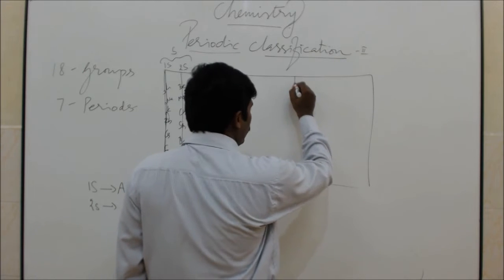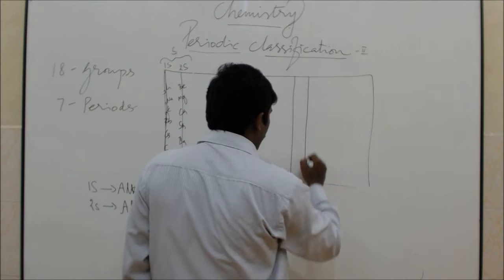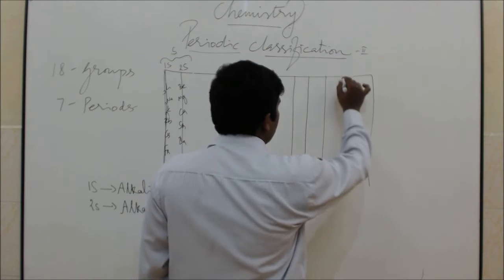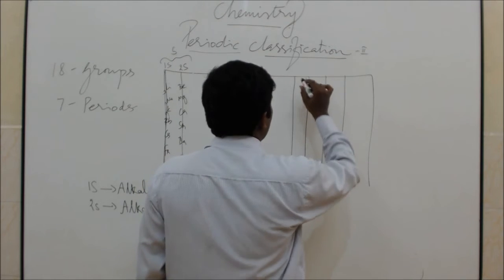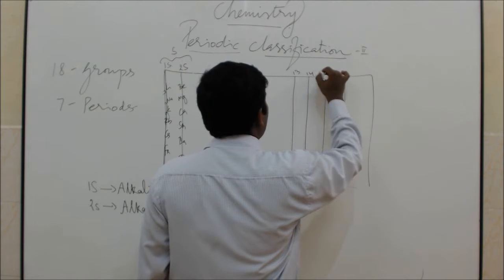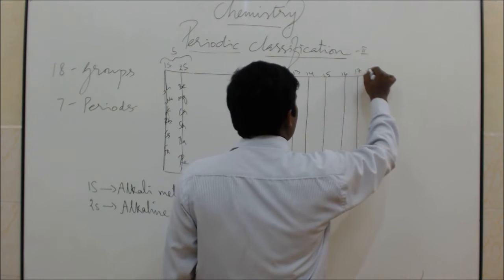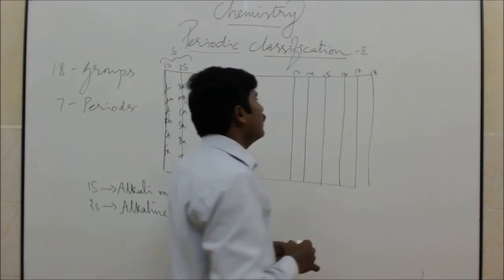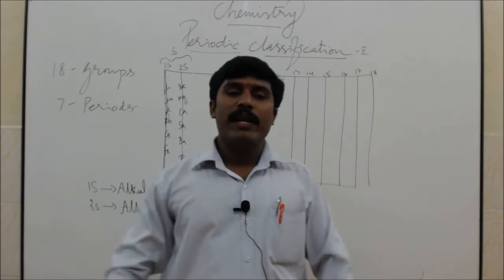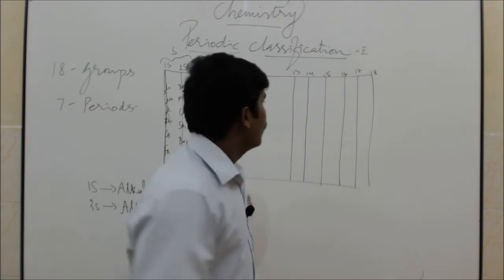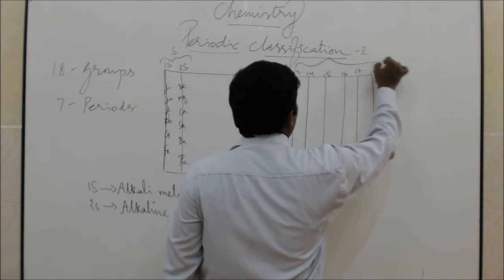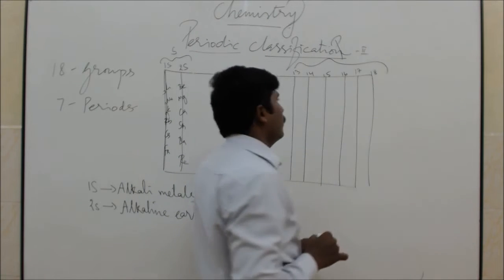Here the 13th group, 14th group, 15th group, 16th group, then 17th group, last one is the 18th group. These 6 groups are collectively known as P block elements.